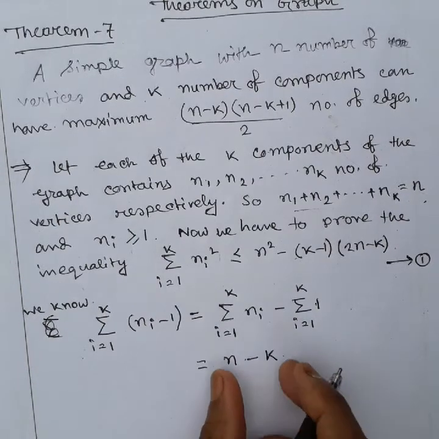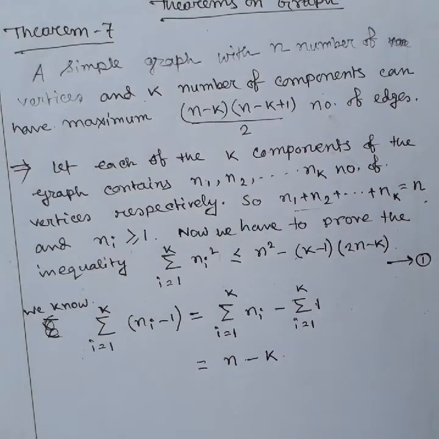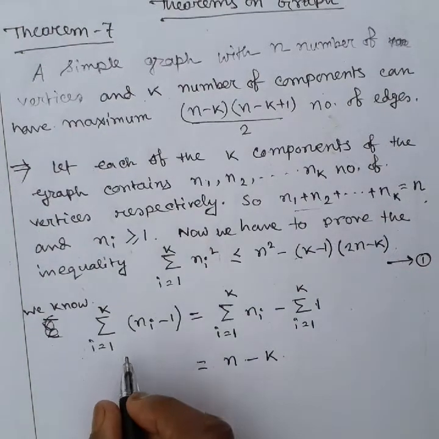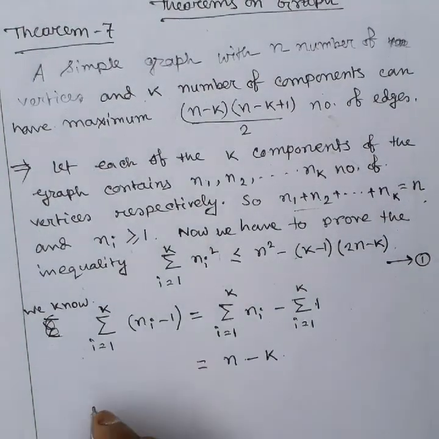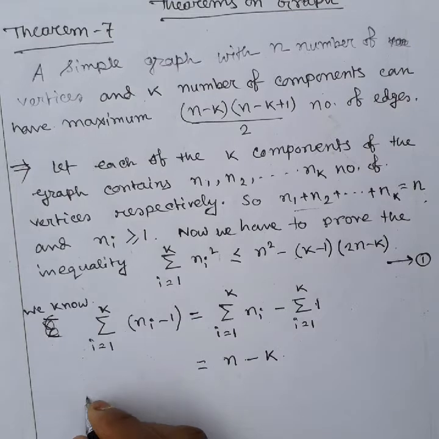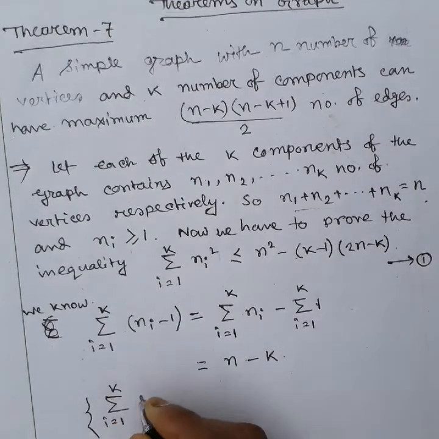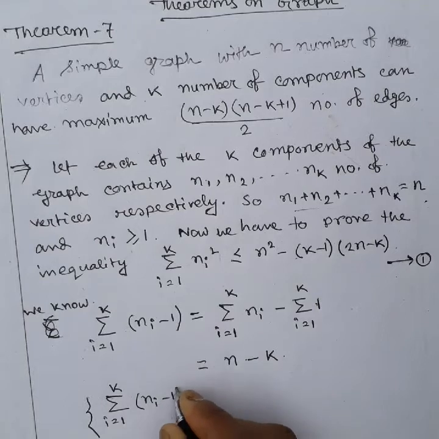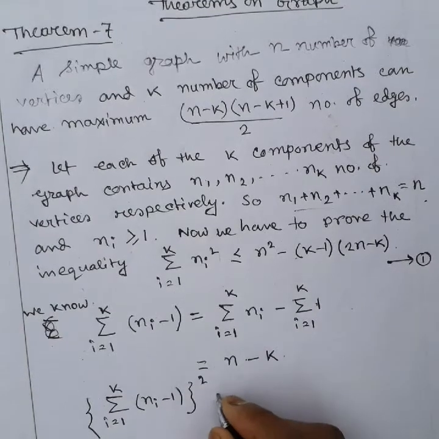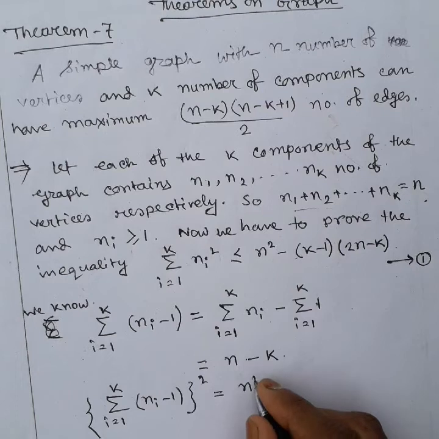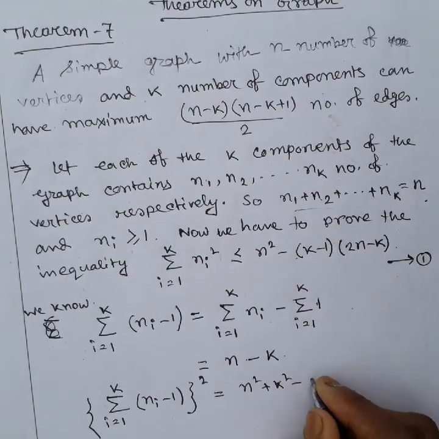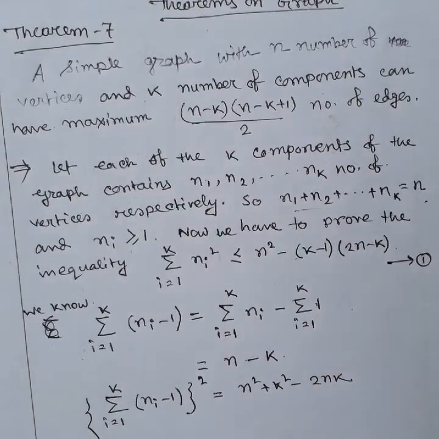Okay, so we got n minus k. Now if we square this, that means the whole square of summation of i equals 1 to k of (ni minus 1), this equals n square plus k square minus 2nk.